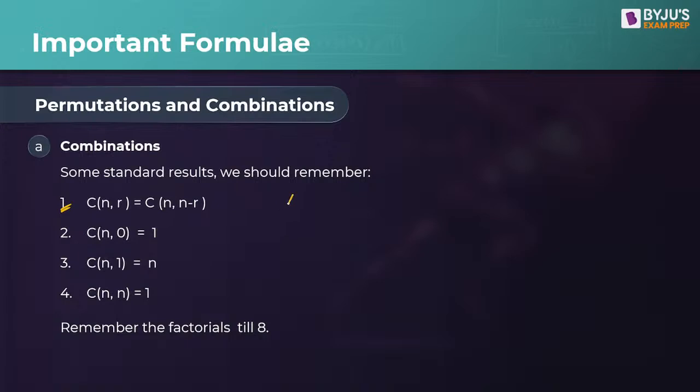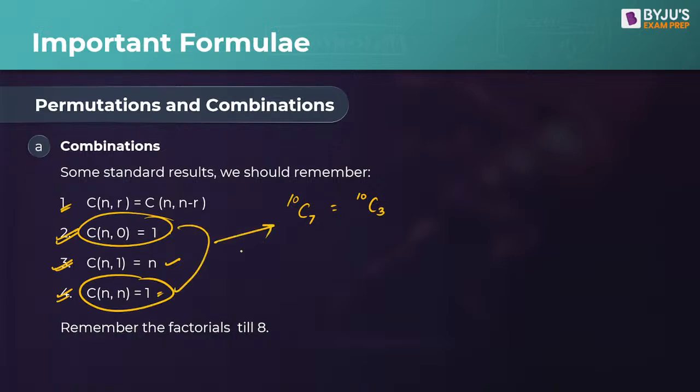So let's say I have 10C7; it will also be equal to 10C3. The values for 10C7 and 10C3 will be equal. Also, NC0 will always be equal to 1, NC1 will be equal to N, and NCN will always be equal to 1, where this and this are actually equal using this formula.